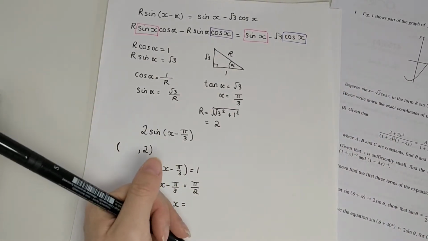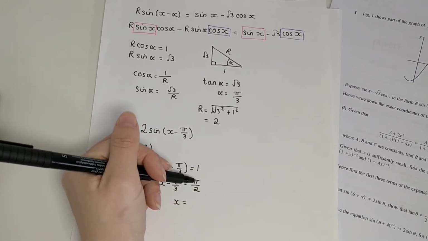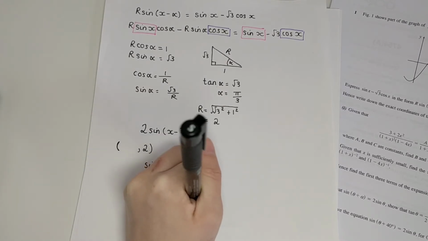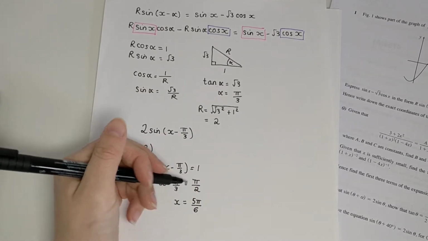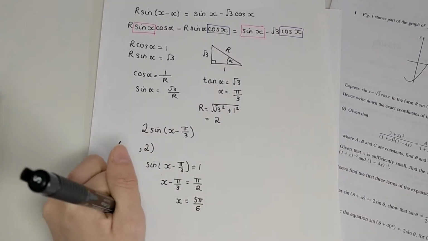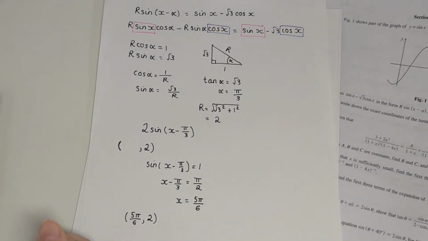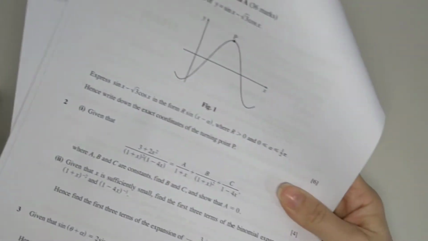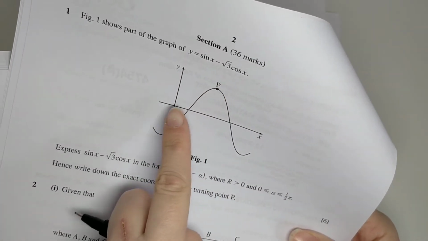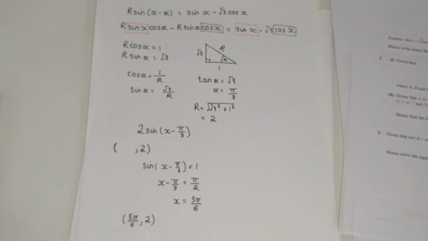So I add that on, which is 3 out of 6 plus 2 out of 6. So it is 5 pi by 6 and 2. Let me check. It makes sense. Yeah, it's pi over 2 plus a little bit extra that's been shifted. Yeah, cool.